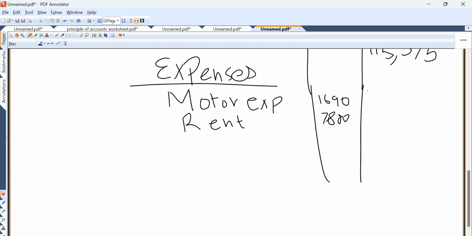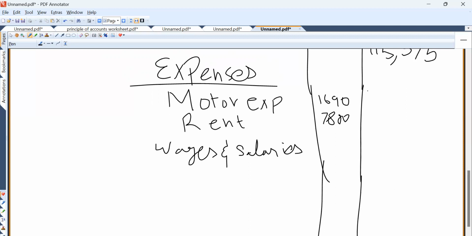Wages and salaries, 35,500. Insurance, 945.